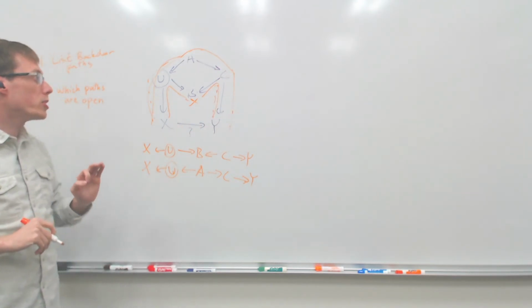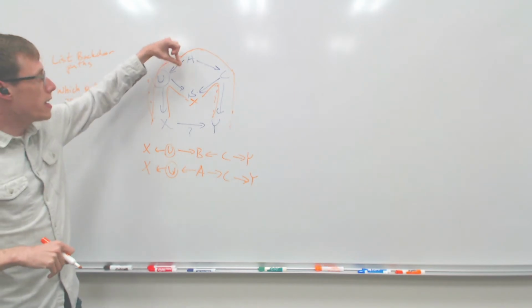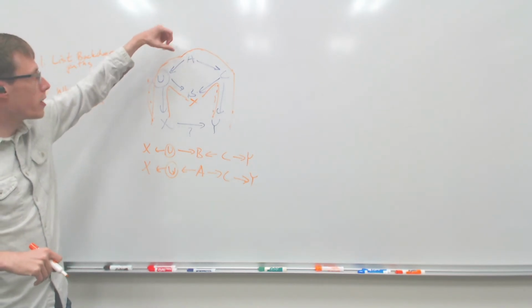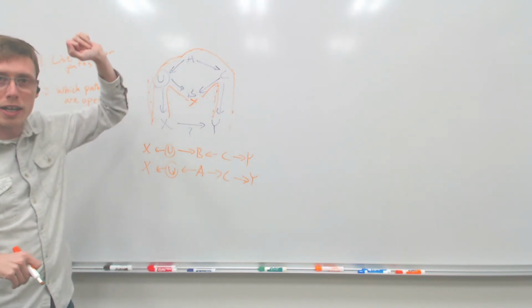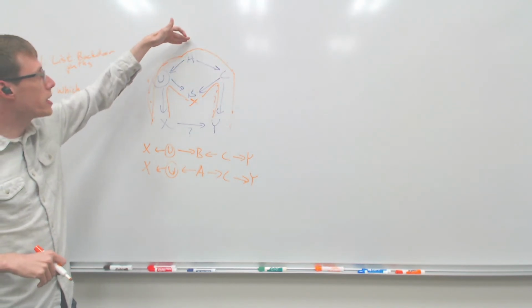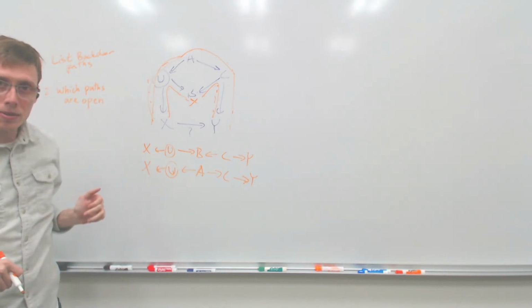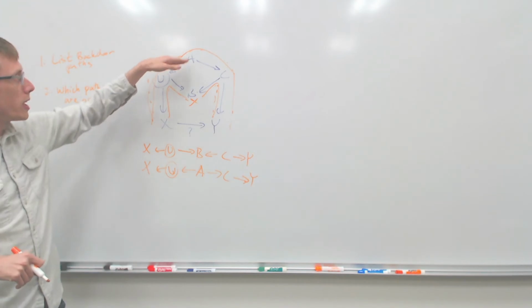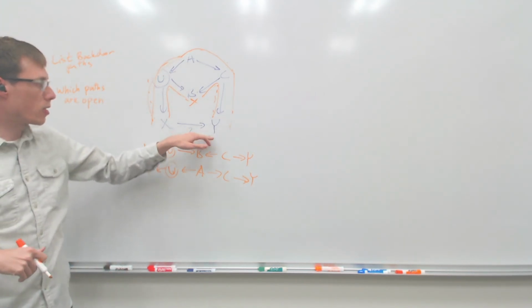So it turns out when you do this, you can already imagine it. Every now and then A changes. Let's say A goes up or down. And what that does, when A goes up, let's say that makes C go up and that makes Y go up. Simultaneously, when A goes up, say U goes down, and that makes X go down. So now suddenly what happens is when A is changing, X goes down and Y goes up.